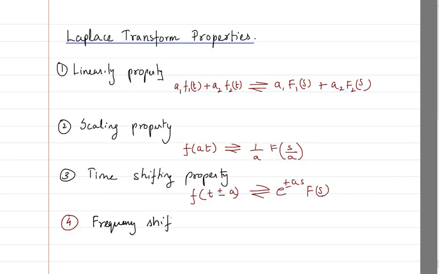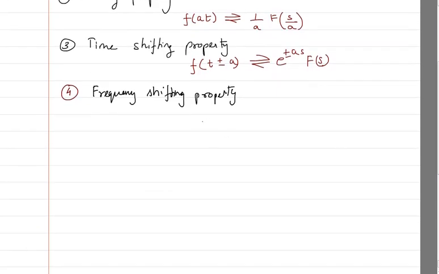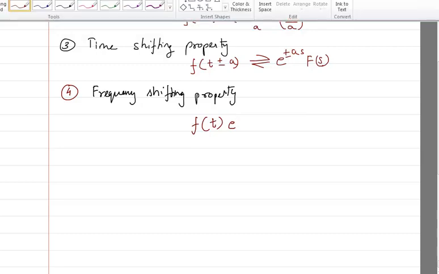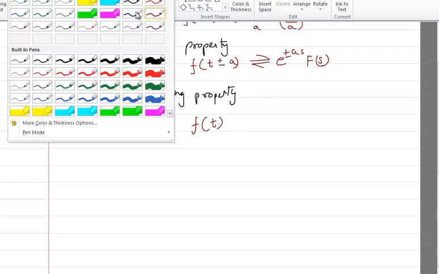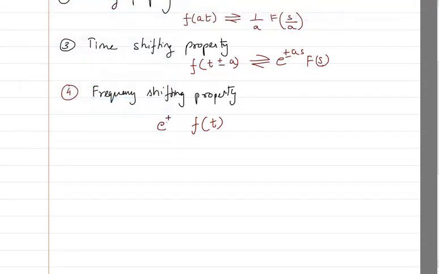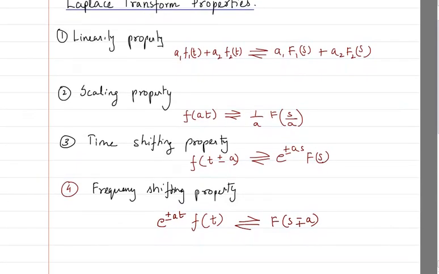In the frequency shifting property, f of t multiplied with e raised to power plus minus at gives you F of s. For plus it will be minus, and for minus it will be plus. That's all. So we have covered the fourth property.